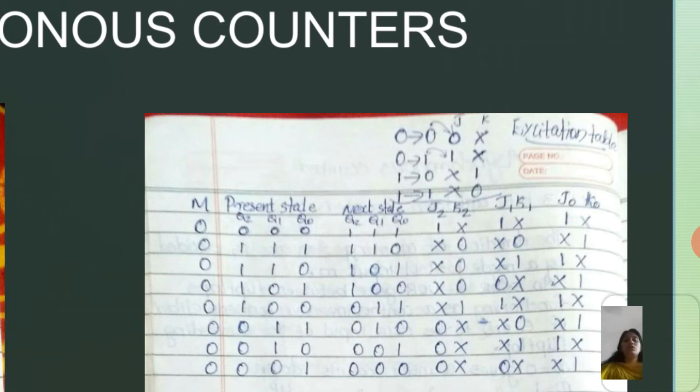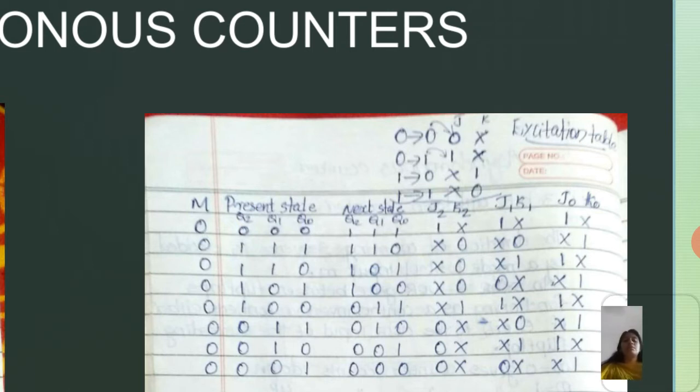Moving on to the last two cases, you can see the next state values 0 and 1 are negated. The negation of 0 and 1 is taken for the K section. So 0 is mapped to 1, 1 is mapped to 0. Likewise, you can remember the excitation table.